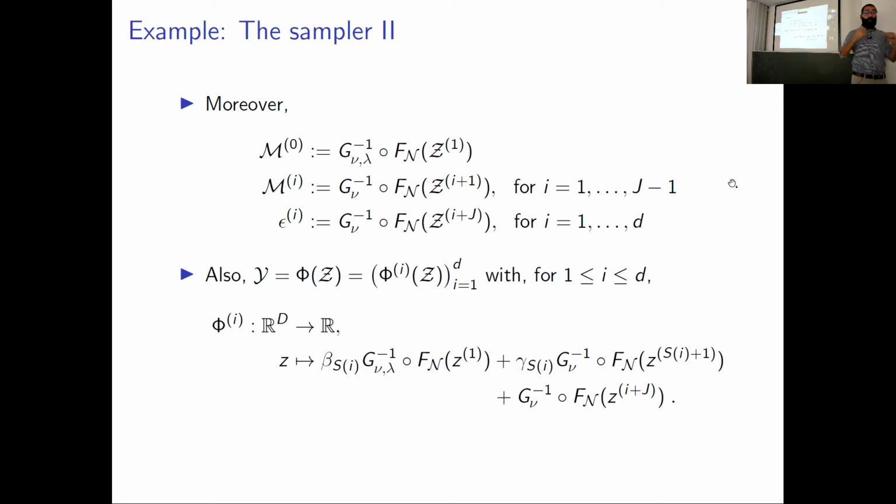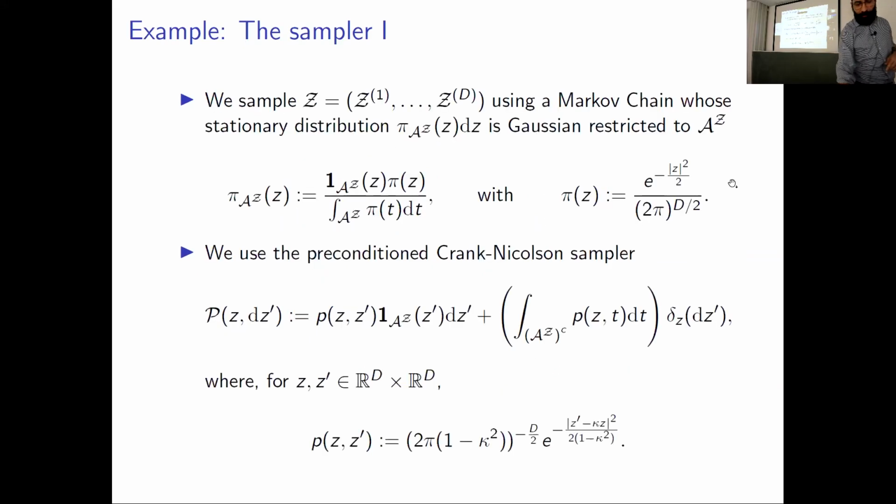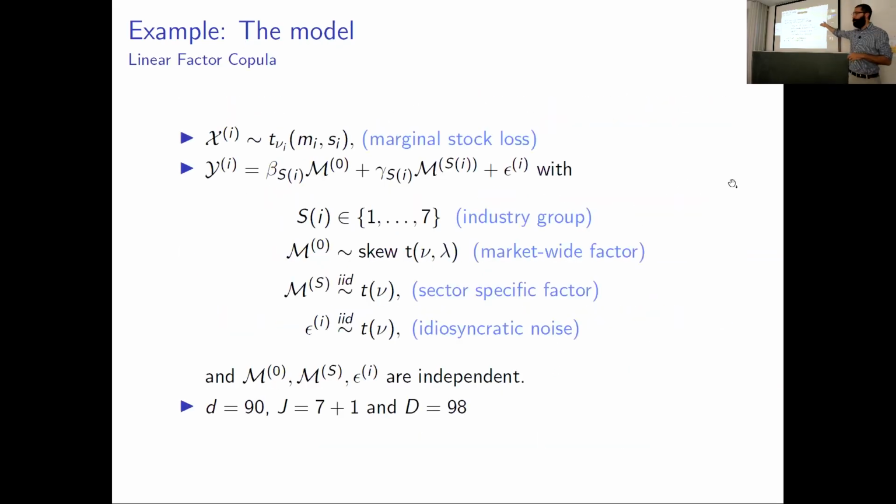Fn of Z1 is uniform. Fn of Z_{i+j}, all these guys are uniform, right? So after I do that, I will compose this with the inverse c.d.f of the thing that I want. So remember that I said that M naught, Mi, and epsilon i had some specific distributions, which are the ones I want. So skew T, whatever. So to get to these distributions, I'll sample from a uniform, apply the inverse c.d.f of these guys, just because I want to do my sampler in the Gaussian universe.